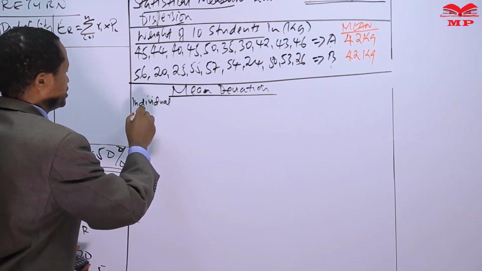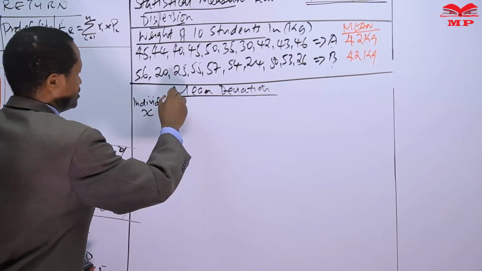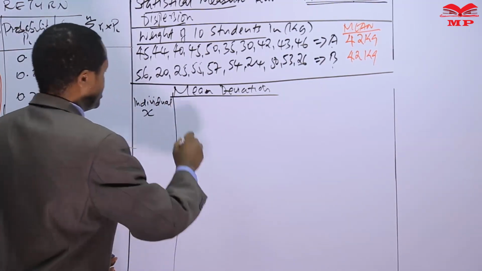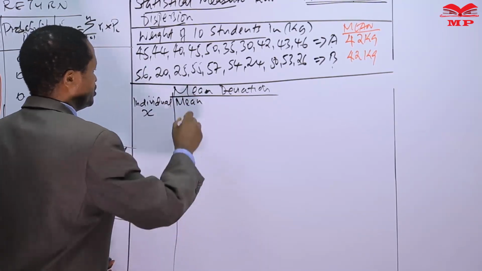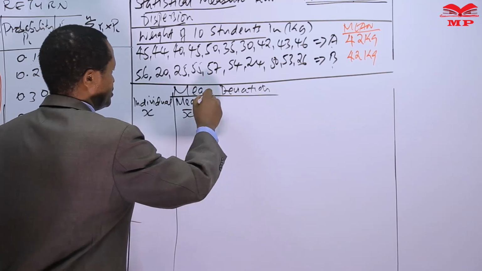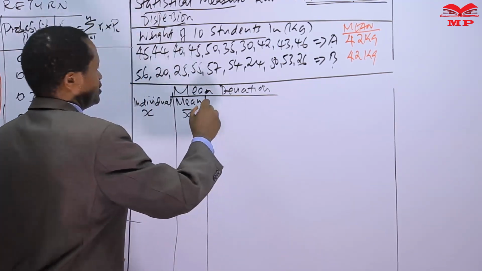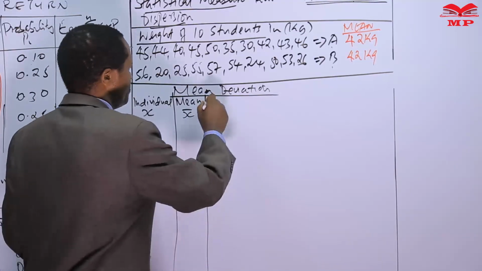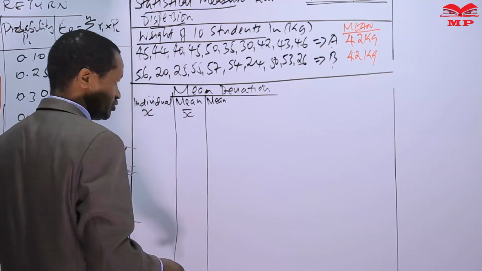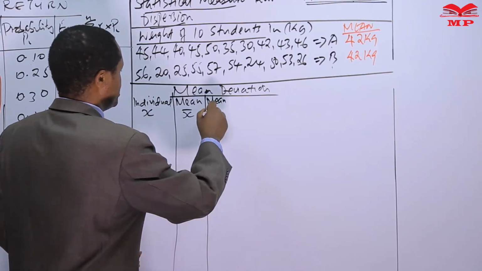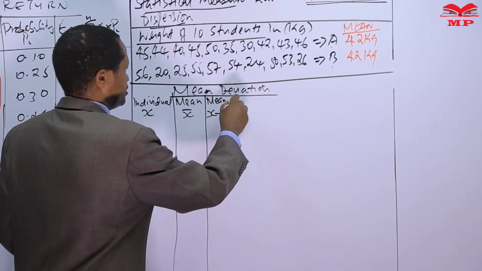You can call that X. Then you can have the mean, which you have determined to be 42, X bar. Then you can have the deviation, or the variance, which is X minus X bar.